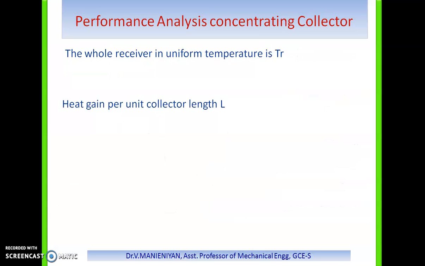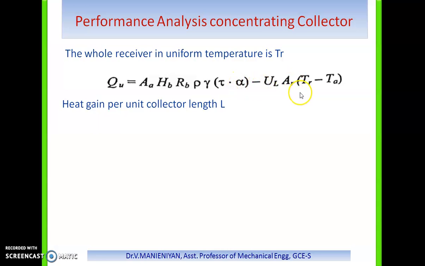So now, with the whole receiver at a uniform temperature TR, the equation can be written as QU equal to the area of the collector, HBRB rho gamma tau alpha minus UL AR times the temperature difference of TR and TA. So these are the thermal losses of the larger area of flat plate collectors, due to the large area involved.